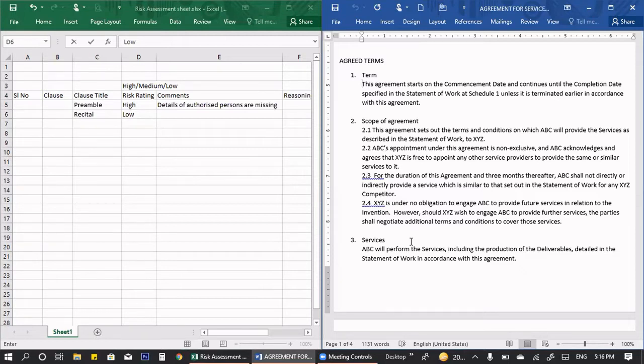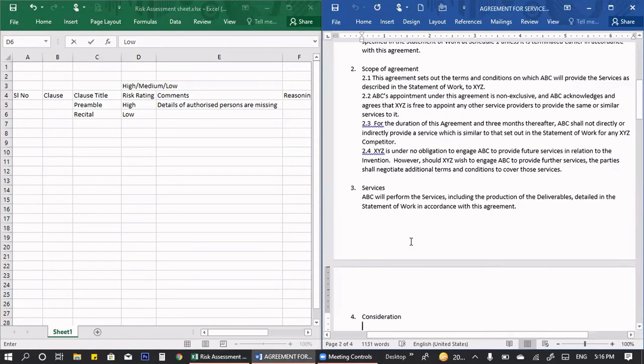Okay, so the commencement date and everything is in the statement of work, which is mentioned as schedule 1. We are okay with that. The next clause is scope of agreement, which states that the terms and conditions will be as per the statement of work, and covers non-exclusivity, etc.